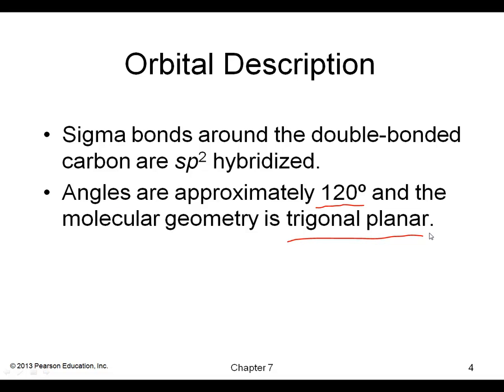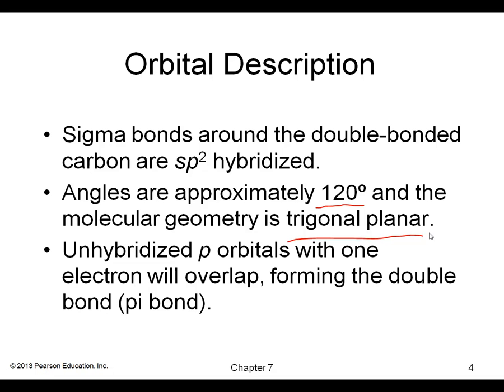So this is kind of a review of when we were discussing hybridization theory. And as we just discussed, the unhybridized p orbitals overlap with one another to form the pi bond. So the double bond is not a pi bond. The double bond is made up of a sigma bond and a pi bond.